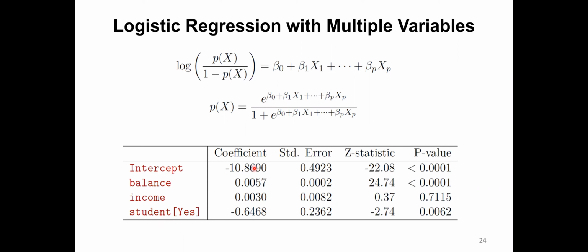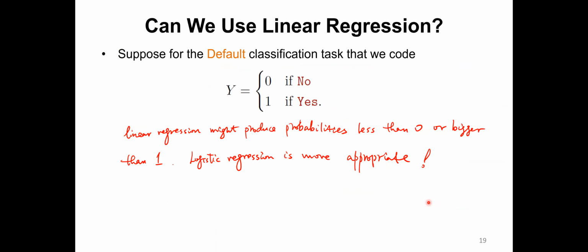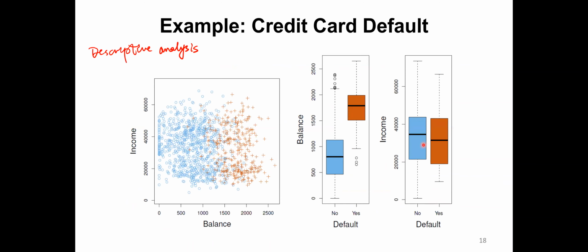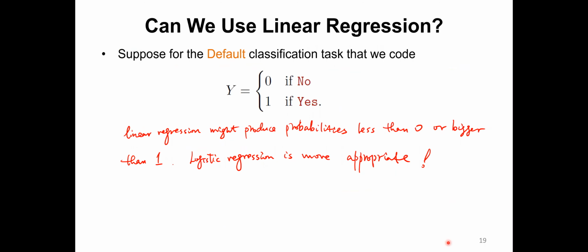Then we can estimate the coefficients and all the statistics and see which one is significant. Obviously, balance is significant. This can be validated with a scatter plot or box plot. We see that balance is a good predictor, but income is not. Previously, going back to income, you couldn't really use income to predict default or not.